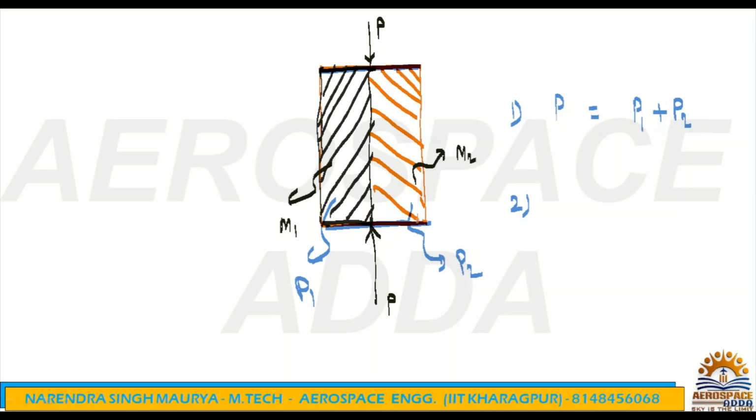So whatever elongation you get in material 1, because here the length is nothing but L for this particular material, obviously for both the length will be L, without any doubt. But suppose there is an increment or decrement in length because of the load. It depends on the nature of the load, compressive or tensile.